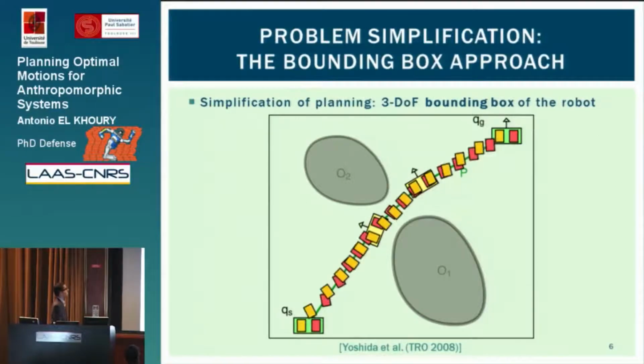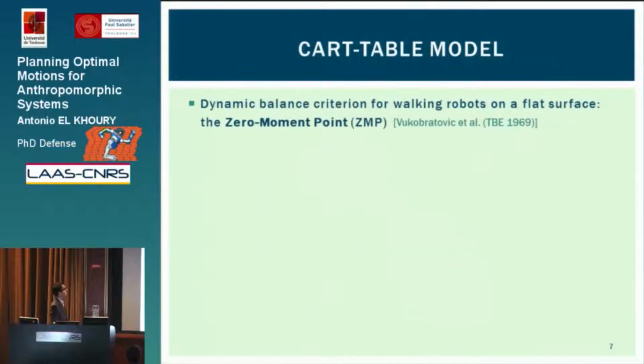Okay. And so once we have found a path for the bounding box, we can actually place a set of footprints along the path that we found in order to prepare ourselves for planning footstep motions to go from the original configuration to the final one for the complete system. Now, of course, before we can generate motions that will connect the different footprints, we need to define the concept of balance for a walking system.